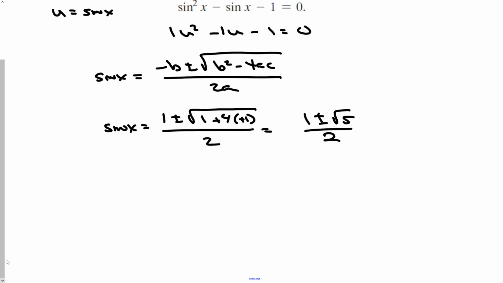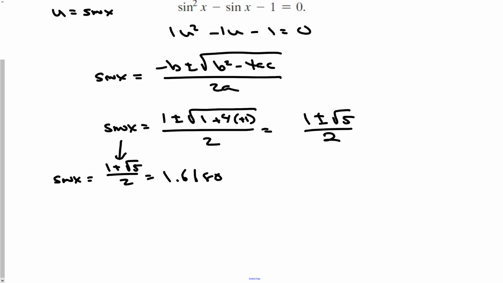All right, first thing is the sine of x is equal to the first one, 1 plus the square root of 5 over 2, which when I plug that into a calculator, we get 1 plus the square root of 5 over 2 gives me 1.6180. So I didn't do anything yet. All I did was calculate this radical term.